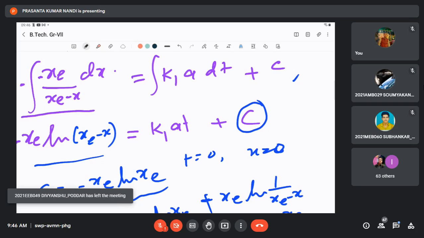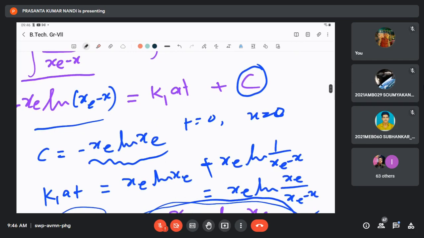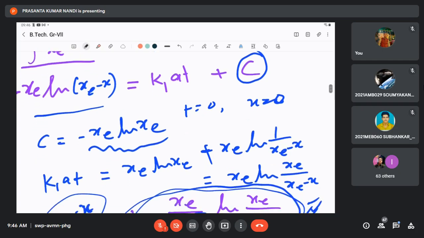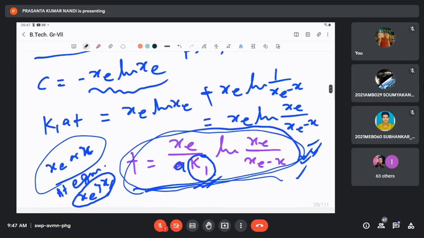So we can write k1 t equal to, just simplify: you put the concentration A, you put the constant C, and manipulate it to get these expressions, t equal to this. This is very interesting.